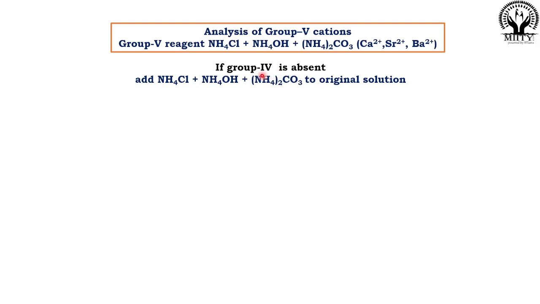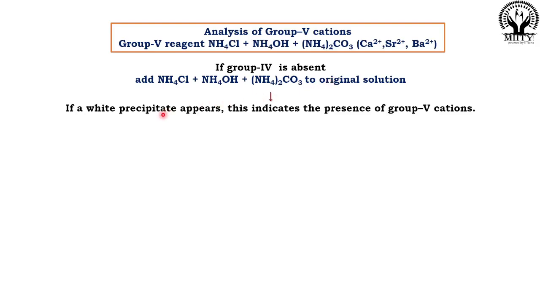Once group 4 cations are absent, add ammonium chloride, ammonium hydroxide and ammonium carbonate to the original salt solution. If a white precipitate appears, it indicates the presence of group 5 cations. For example, barium carbonate, strontium carbonate and calcium carbonate are white precipitates.